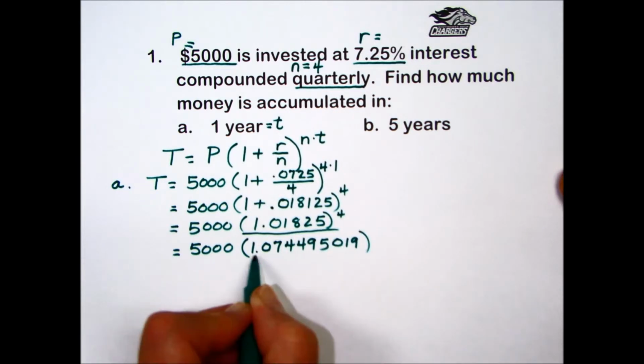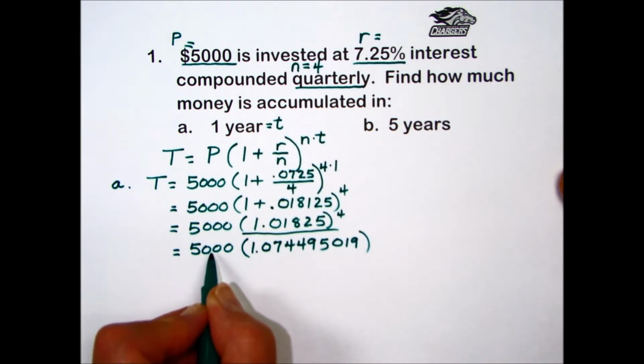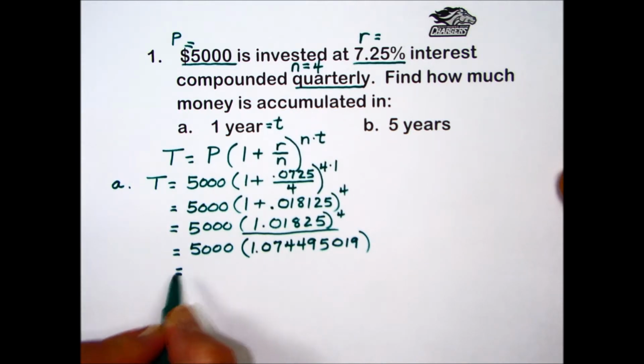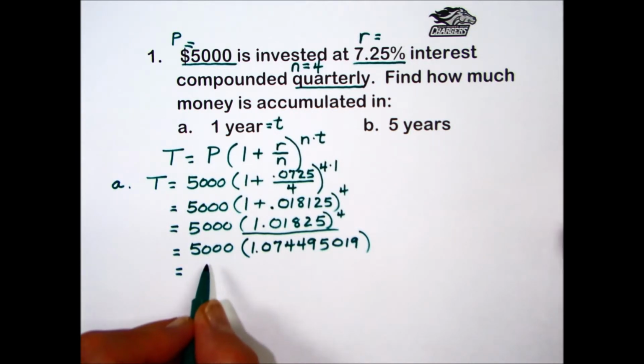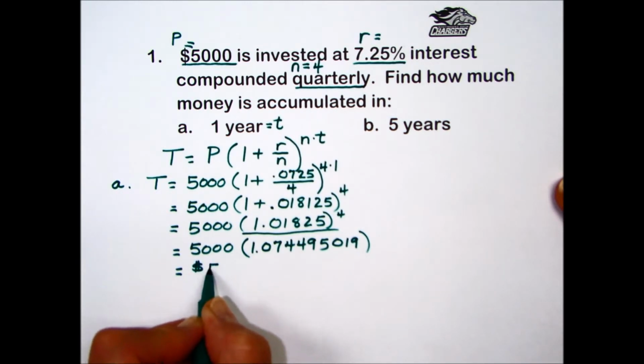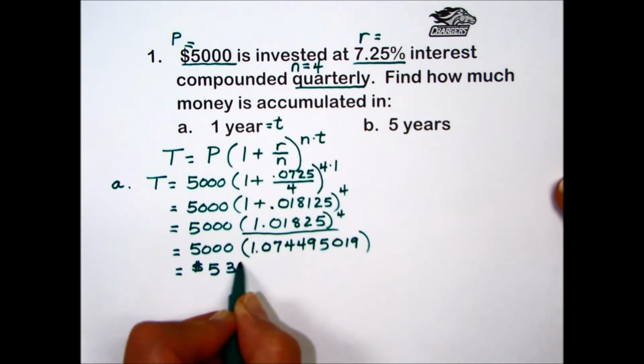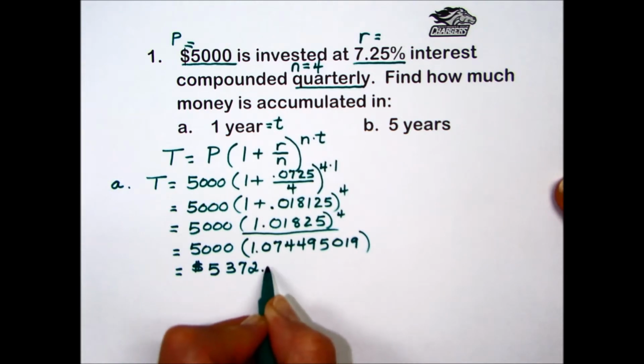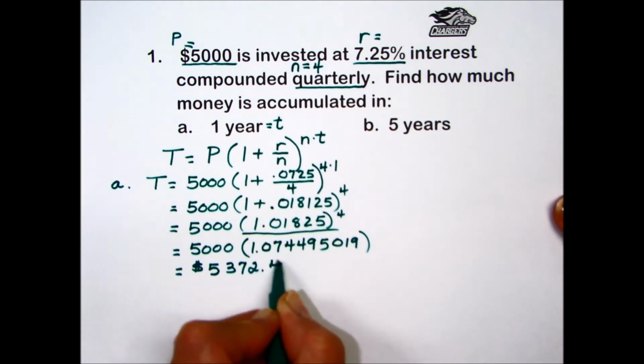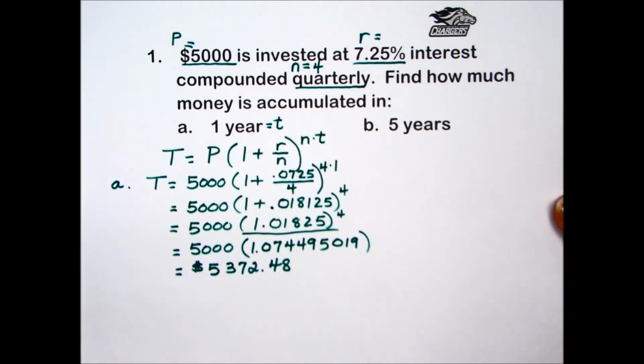If you leave that in your calculator, the last operation then is to multiply it by 5,000. If you round this, our result isn't going to quite agree with the exact value, and the final step with that multiplication leaves us with a total in the account of $5,372, and when we round it to the nearest cent, we end up with 48 cents.